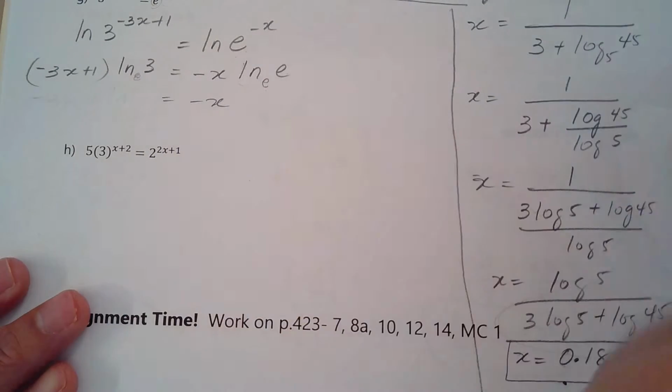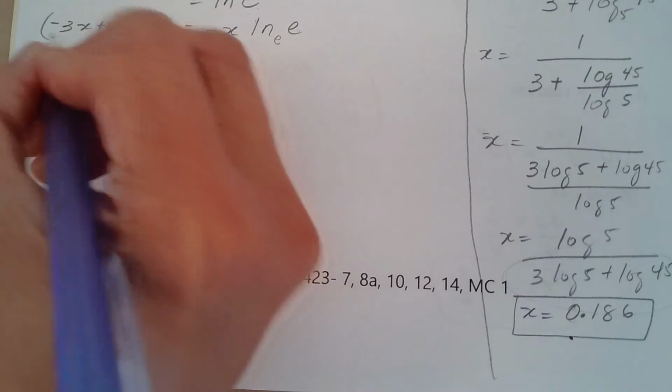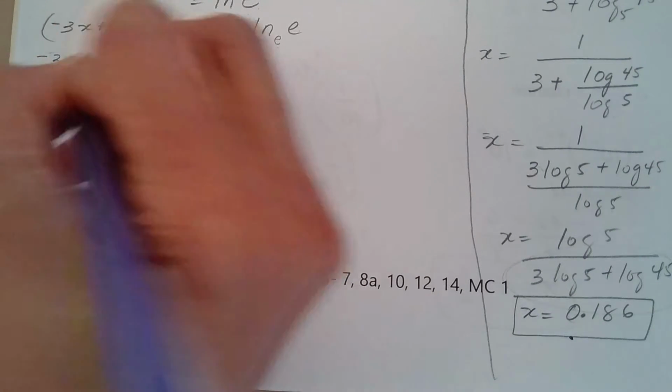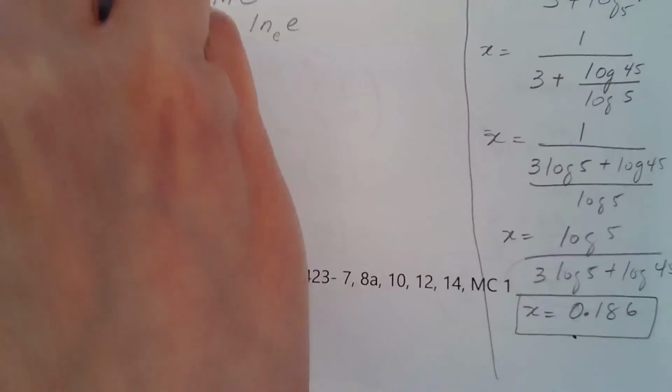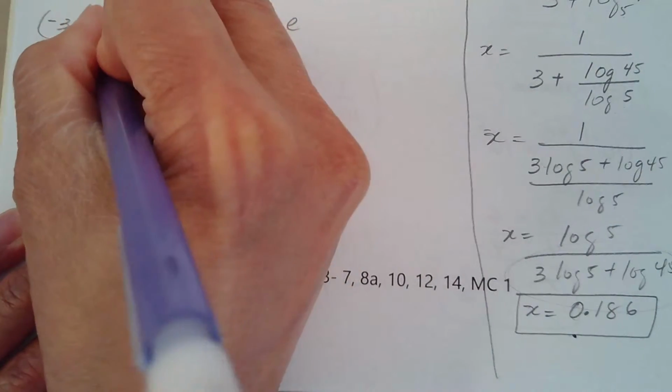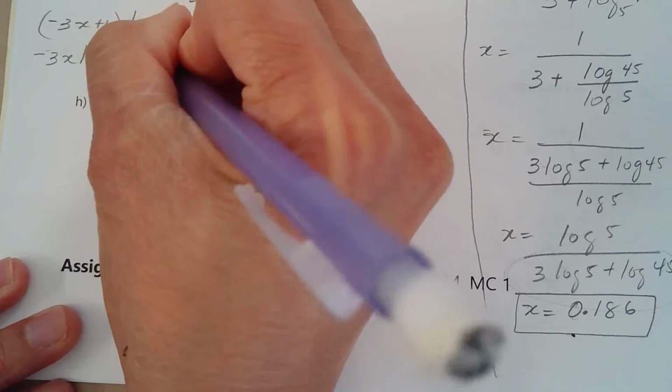Base e, this is number 3. So what we need to do is multiply that in, so that becomes negative 3x natural log of 3 plus natural log of 3.